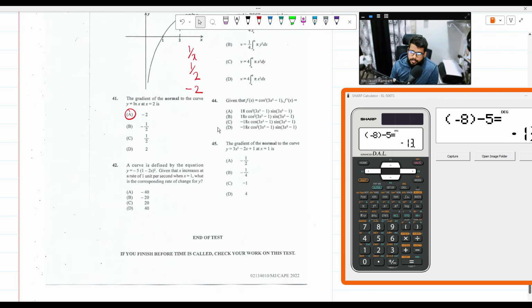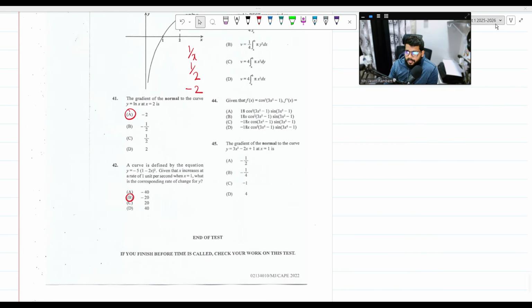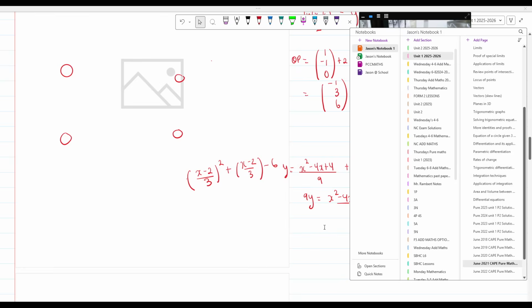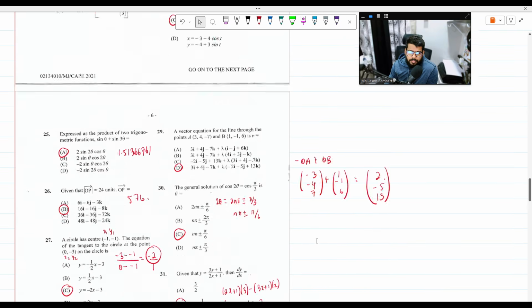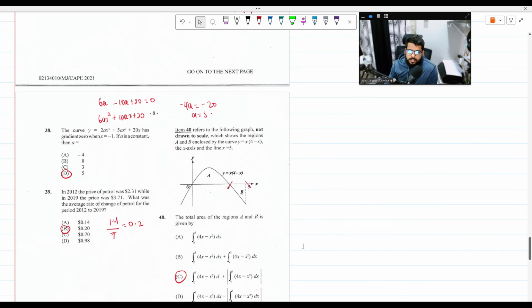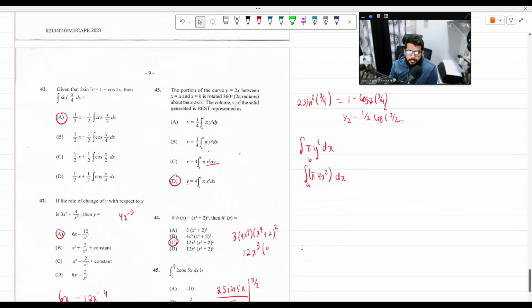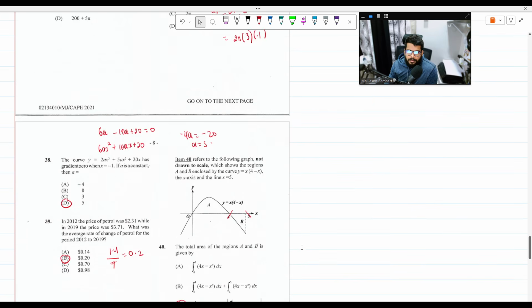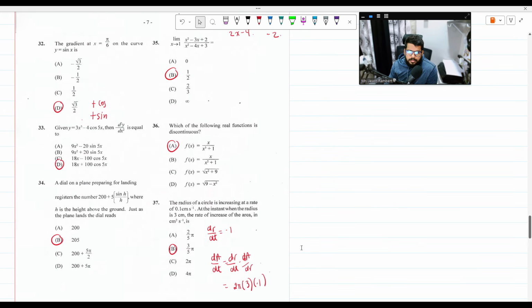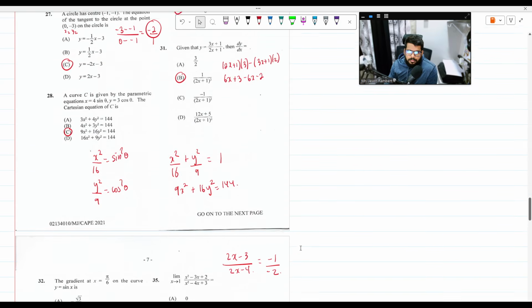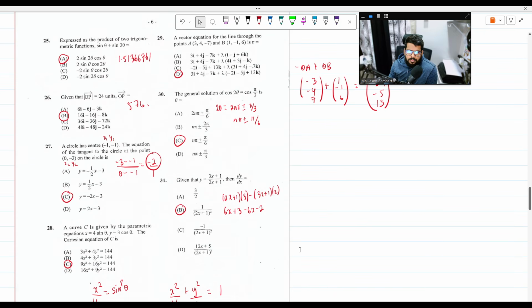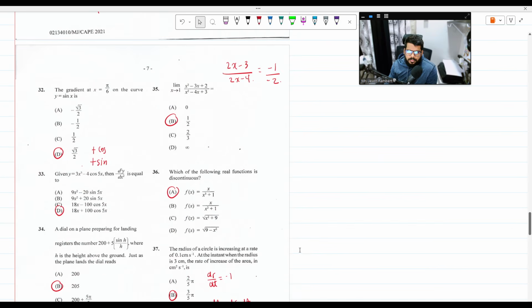This is a repeat question. I believe this is minus 20 because we had 20 take away 40. Let me just go back in the previous years to confirm and verify that this is indeed a repeat question. I know it's a repeat, but to confirm that that is indeed the answer.